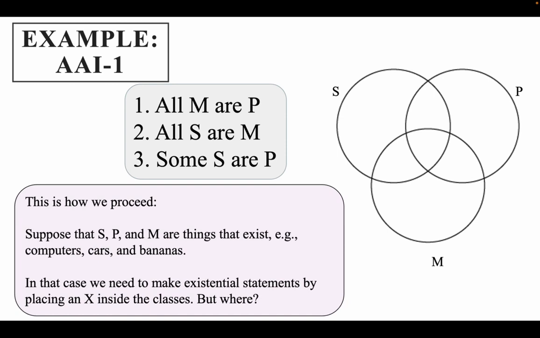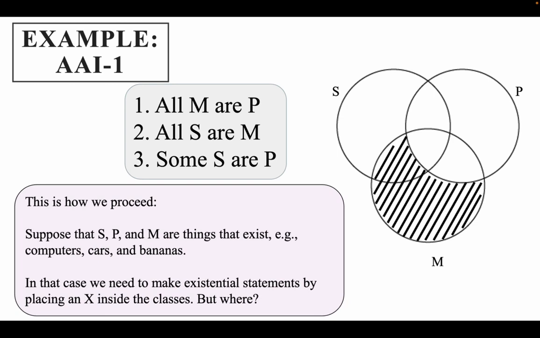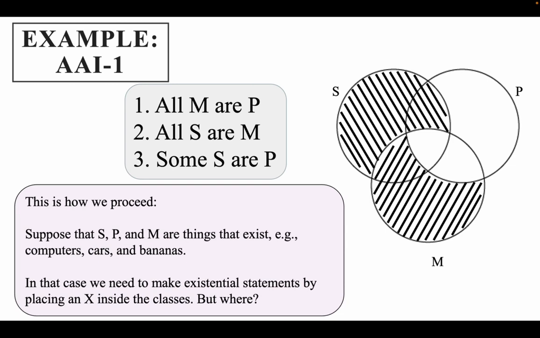Now, take this example, AAI1, universal premises, particular conclusion. All M are P, all S are M, some S are P. How do you proceed? Now, when you diagram the premises, all M are P and all S are M, you notice that the conclusion is not diagrammed as a result.